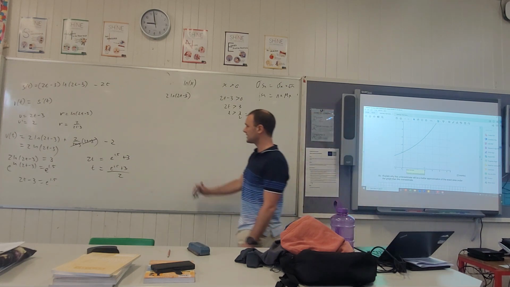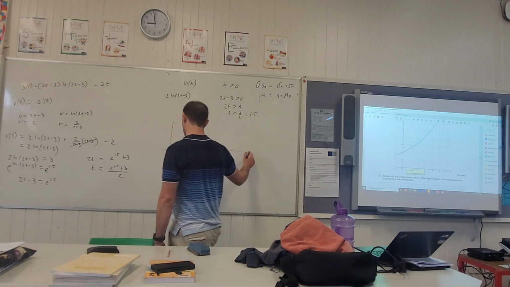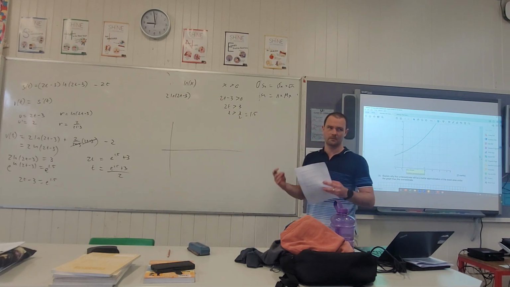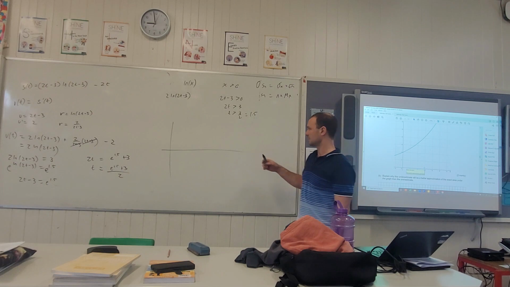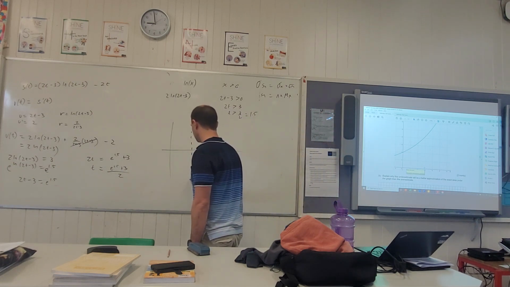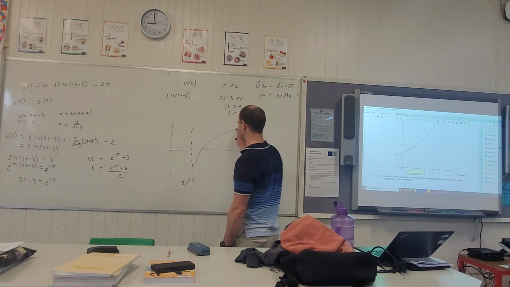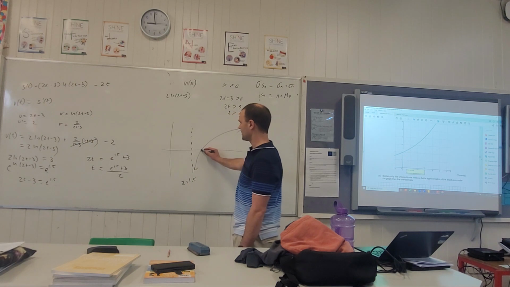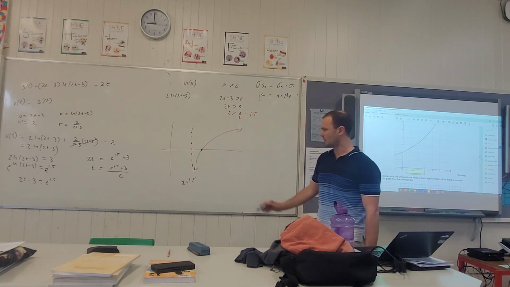So when you sketch the graph, you can mostly refer to your calculator, and you can even get the asymptote from your calculator, although sometimes it can be a little fiddly to see. There's an asymptote at x equals 1.5, and then the graph does something like this, right? The root you can get straight from the calculator, it's a nice clean 2.